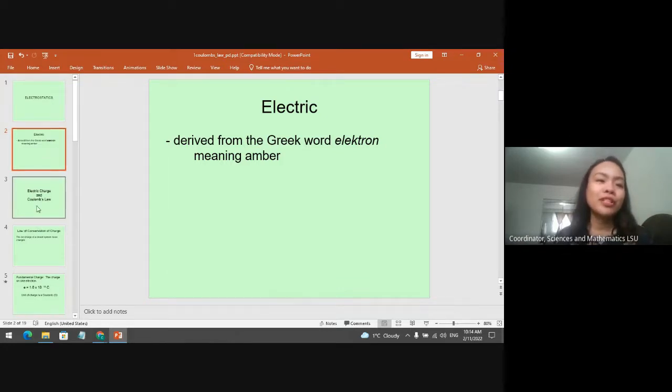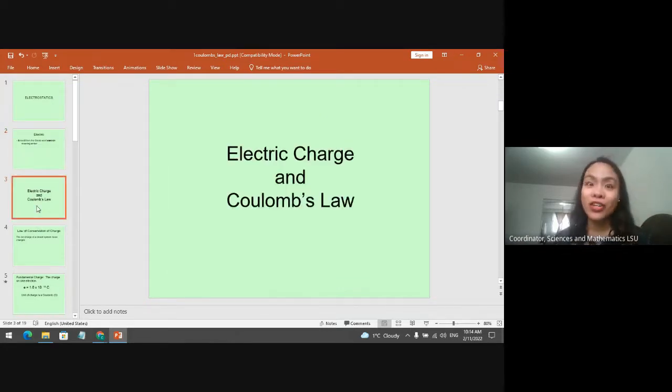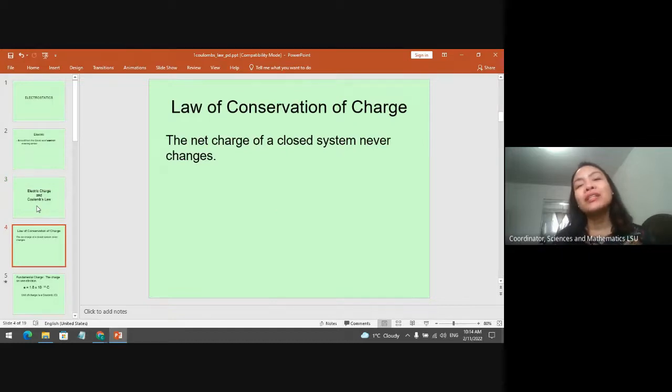First and foremost, let's have electric charge. There is the law of conservation of charge, which states that the net charge of a closed system never changes. Whatever charge enters the closed system will be equal to the amount of charge that gets out of the system.